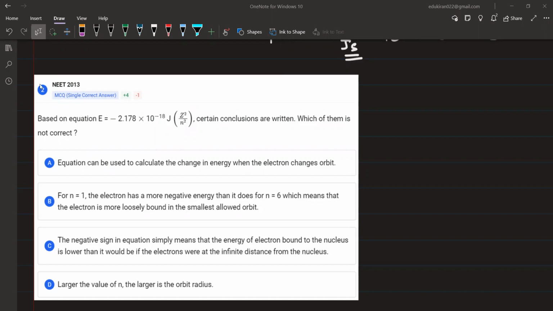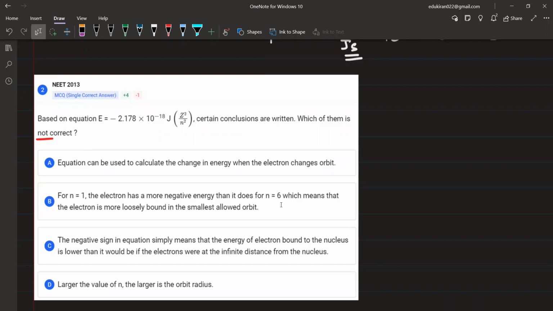Again, they have asked which of them is not correct. Yeah, correct.